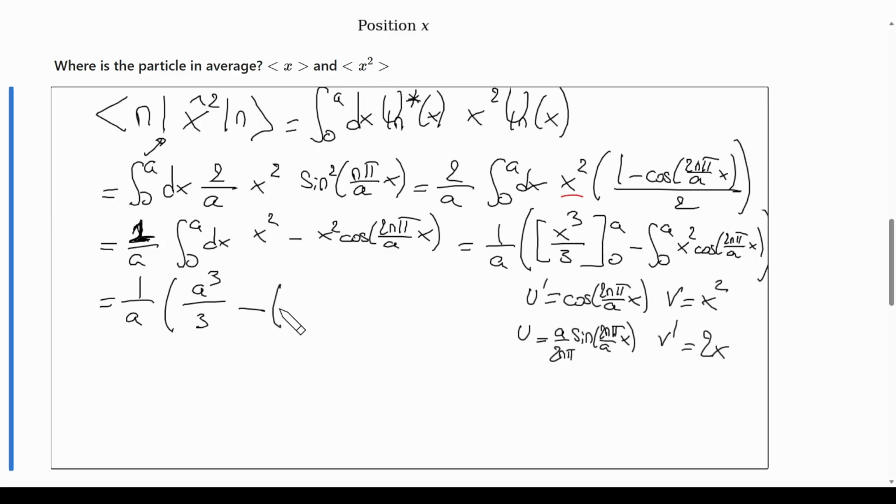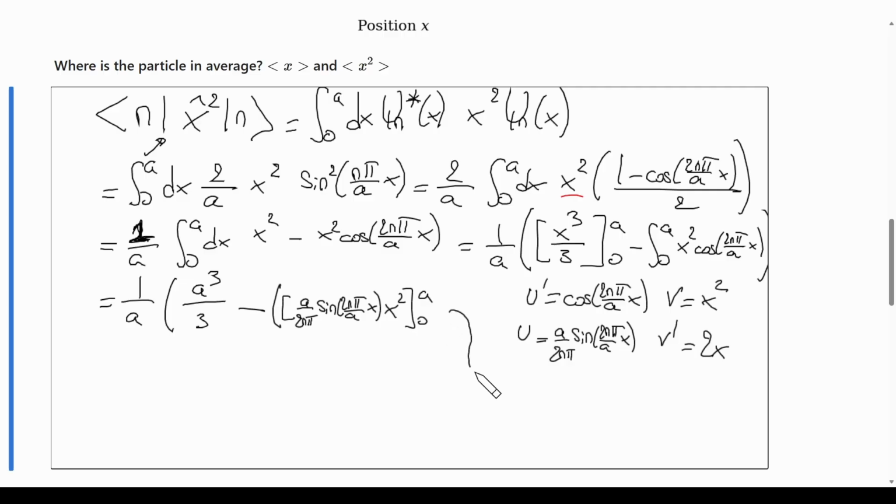So we have uv, which is a over 2 n pi sine 2 n pi over a x times v, so x squared, from 0 to a. And I will write it here.